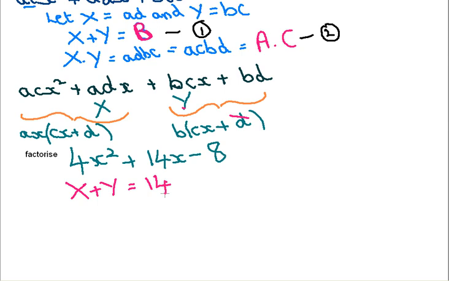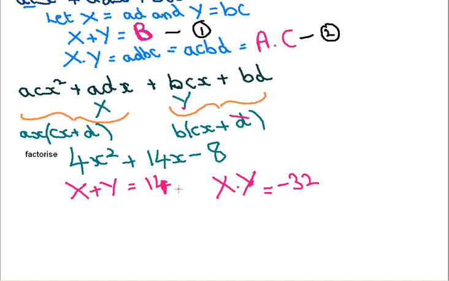Okay, so x plus y equals 14, and x times y equals 4 times minus 8, which is minus 32.